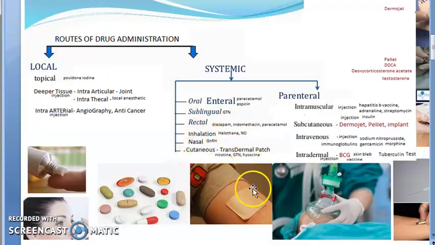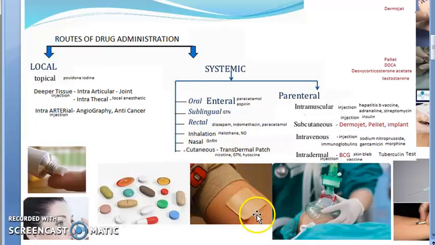Very good. Then can you tell an example for what else? Oral, very easy: paracetamol, aspirin. Okay, very good. Tell an example for inhalational systemic. General anesthesia: halothane. Then nitrous oxide. Very good. Then what else?